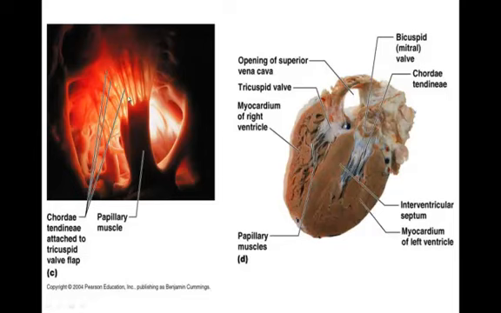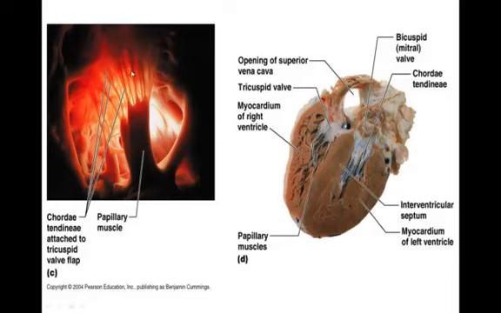So the function of the chordae tendineae is to keep those atrioventricular valves from blowing back up into the atria. Because when the ventricles contract, they do it with great force, and they're sending the blood up into either the aorta or the pulmonary trunk. And when they blow the blood there, they don't want the blood to go back into the atria.